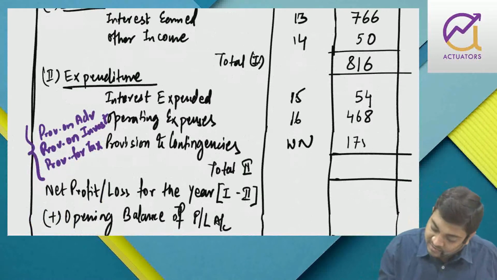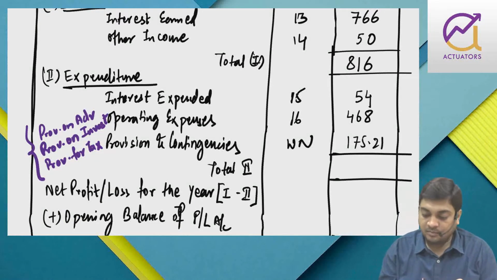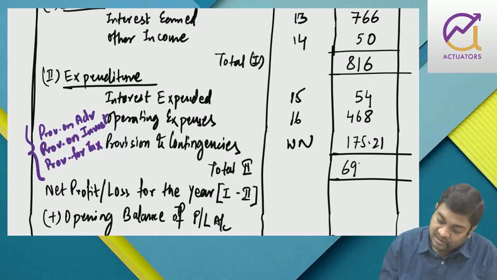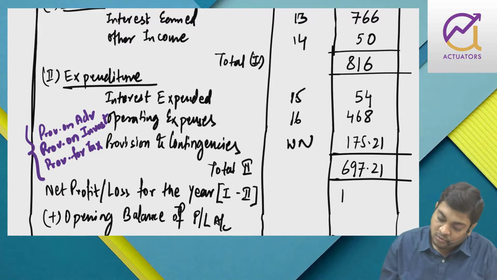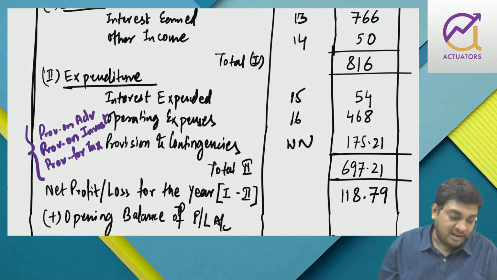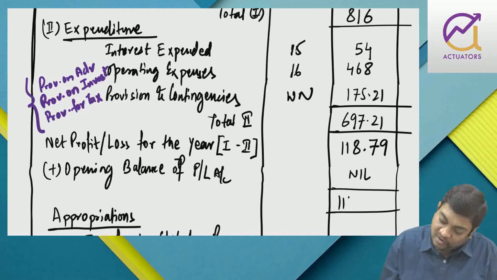So it is 175.21. So the total will be 54 plus 468 plus 175.21, 697.21. 816 minus that, 118.79. This is not given, so 118.79.